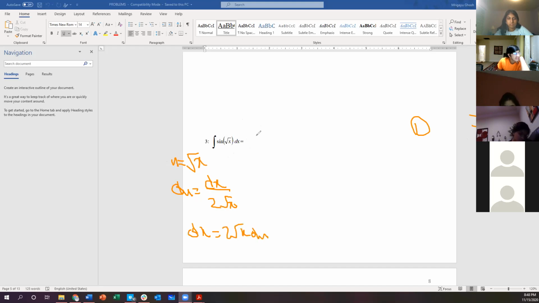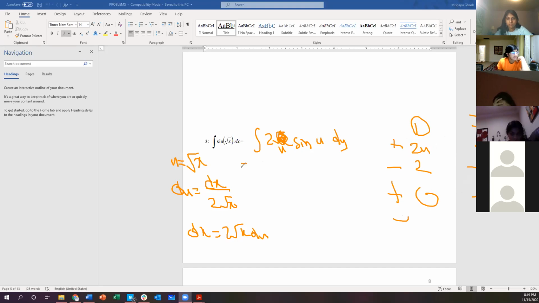So I can rewrite this as the integral of 2 root x sine u du, but I need to be in my u world, so I know that root x is u, so let's just replace this with the u here. So I have 2u sine u du, and once again I just plug it into my integral. I think 2u is probably easier here because I know with 2u I can get to a 0. This will be minus cos u, and this will be minus sine u.